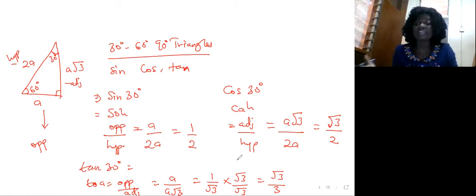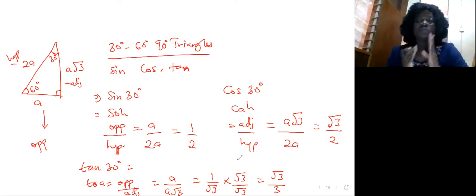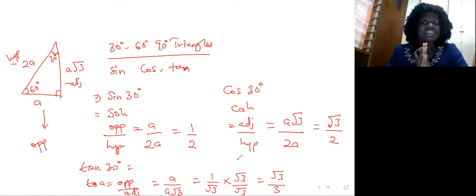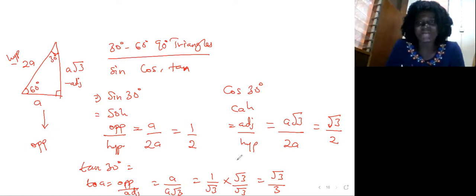For special right angles, we talked about the 30 degrees, 45, and 60 degrees. Please go back and solve more examples on these ones. I believe wherever you see a question like this, you won't find it difficult in answering.